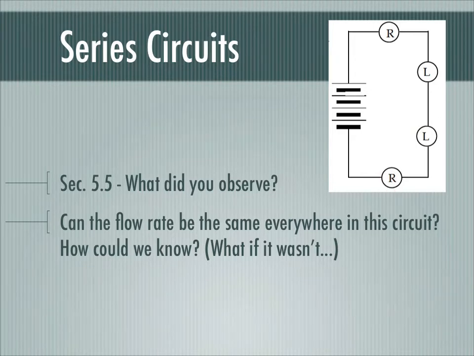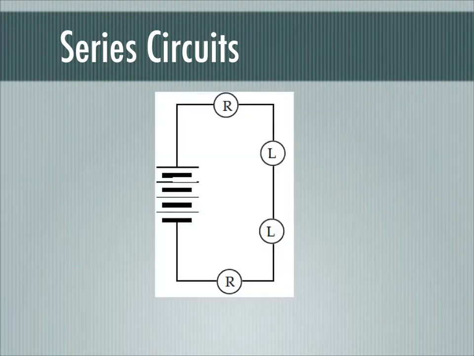In class, we are going to specifically go through this scenario. Hopefully, based on our discussion in class, you would see that if the flow rate through the long bulbs was greater than through the round bulbs, eventually the round bulbs would turn on and the long bulbs would turn off, which we don't see.